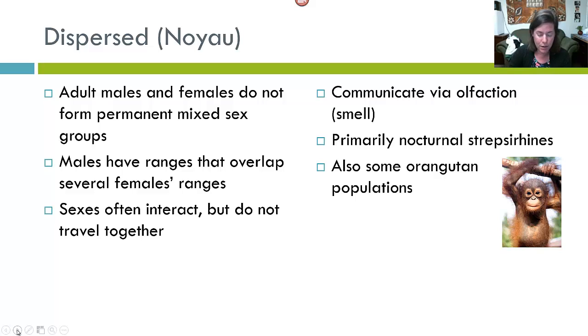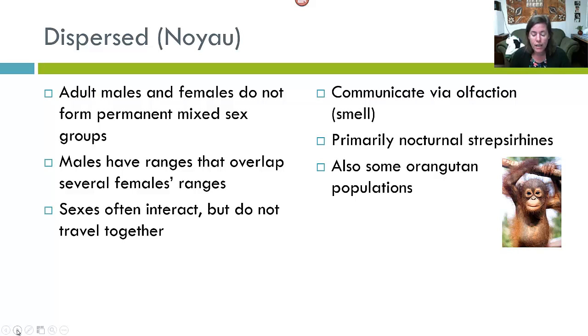The last type of social organization that I want to mention that primates exhibit is referred to as a dispersed social organization, or a noyau. In a dispersed or noyau type social system, adult males and females do not form permanent mixed-sex groups.